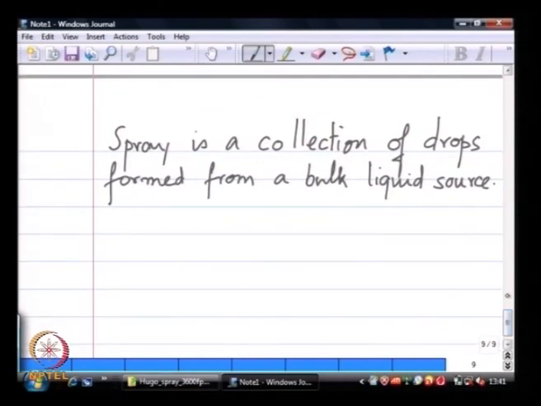If I took for example 100 micrometers as the average diameter and I had a way to decrease it down to 10 micrometers, I have come down 1 order of magnitude on the diameter, which means 3 orders of magnitude more in number. Okay. So, essentially I can take the same volume of liquid and disperse it into a much larger number depending on some mechanical design of the nozzle. Okay. So, essentially what we are talking about is a collection of drops.